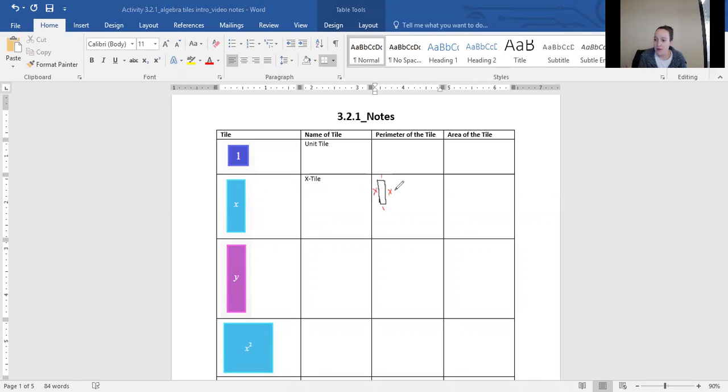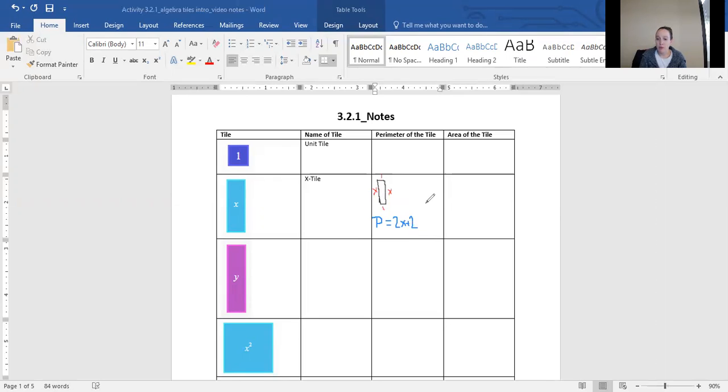Now remember, perimeter is the distance around, so I'm adding all of those things together. And what this becomes is the perimeter is going to be 1 plus x plus 1 plus x. Well, 1 plus 1 gives me 2, and x plus x gives me 2x, so 2x plus 2, and that'll be units.